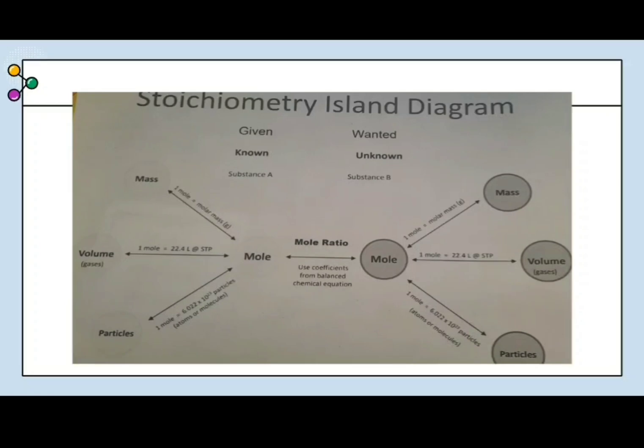Then the second conversion was from the volume to moles. And then from that mole, we went to the mass, finding the mass of methanol. That was how much product we can produce. Once we did that, we subtracted the moles from each other, and then we found the grams of the excess.